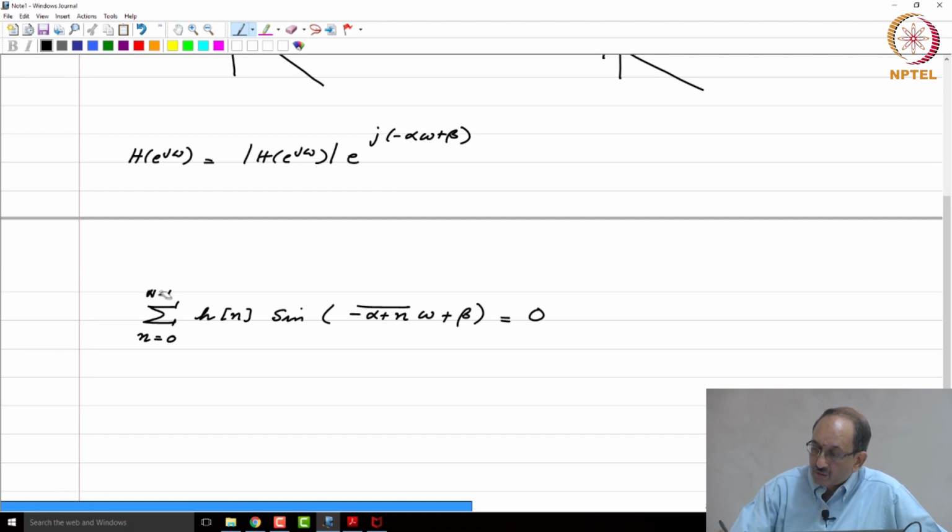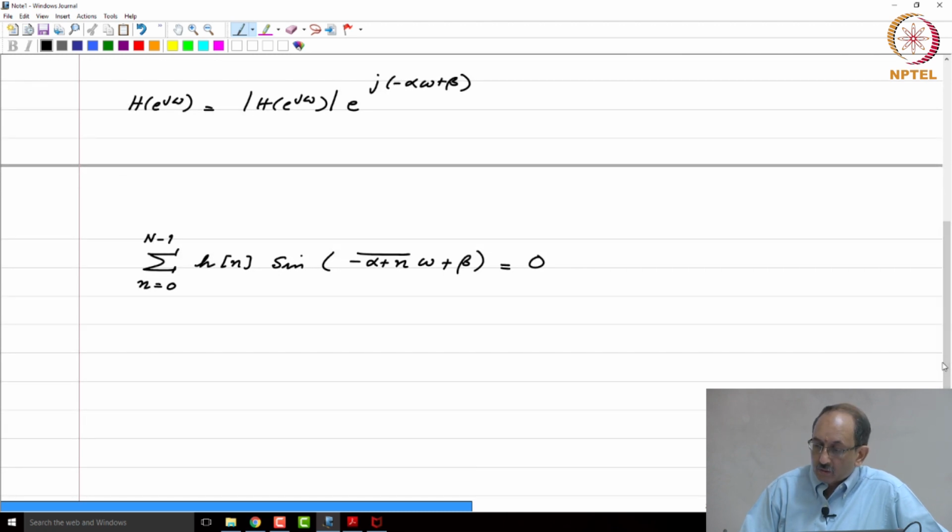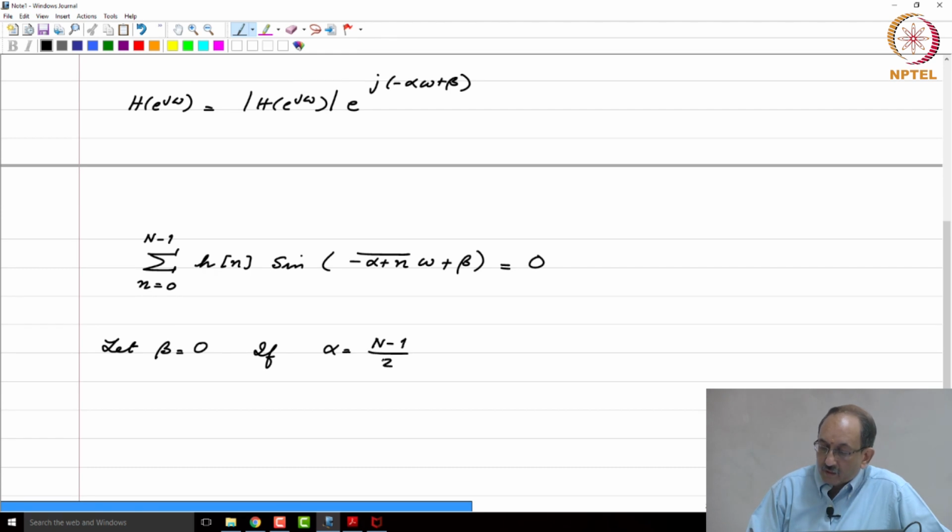So, therefore, this became 0 to capital N minus 1, and in trying to get a non-trivial solution, we further assumed beta to be 0, and then we saw that if alpha were N minus 1 by 2 and h of n were the same as h of capital N minus 1 minus little n, then we have a non-trivial solution.